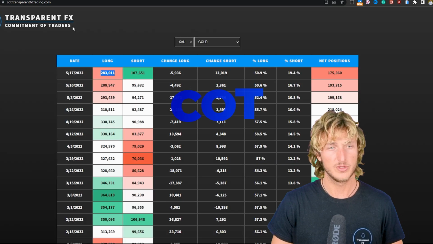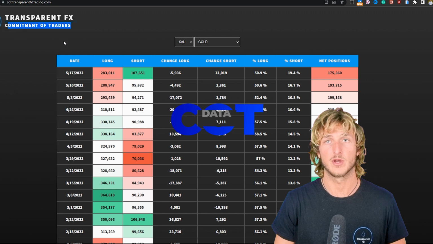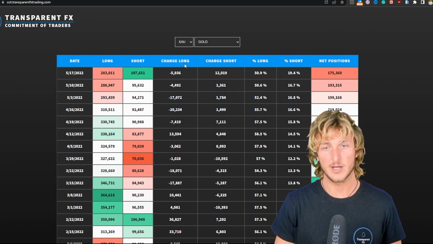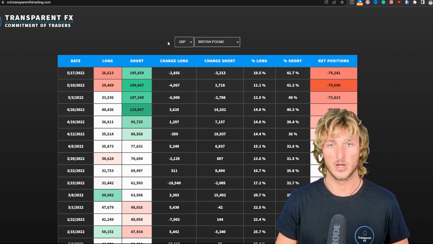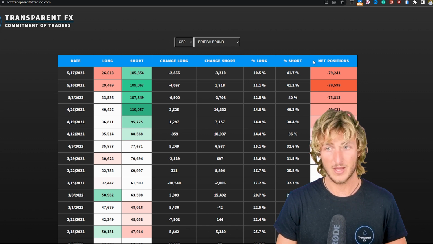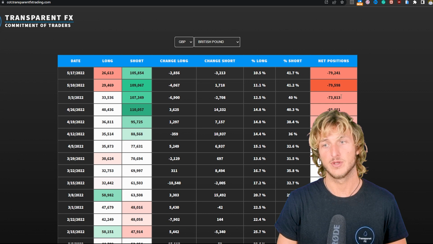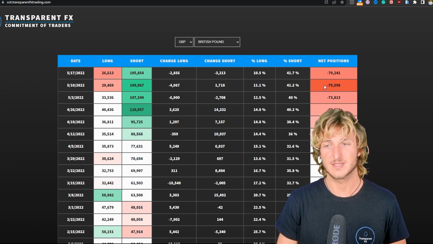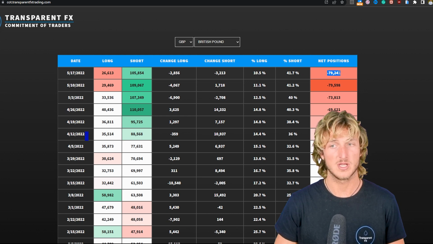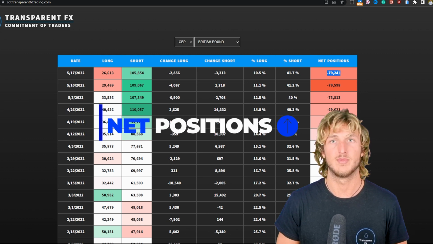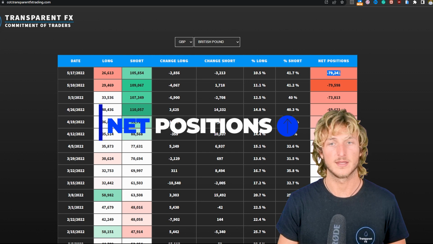Now, if we go and see what we have when it comes to the commitment of traders, so the COT data, which is what the non-commercials, so the biggest speculators in the market are doing, and we check the data for the pound, we can see how on the pound, we went from having 79.5k to having 79.2k net positions, a slight decrease, but nothing really strong yet.